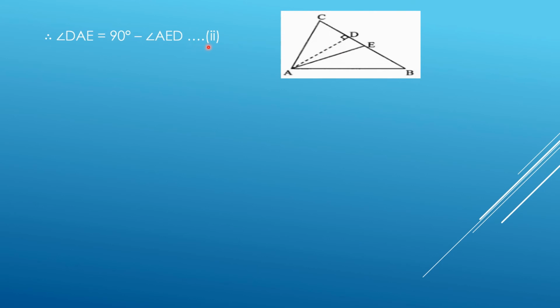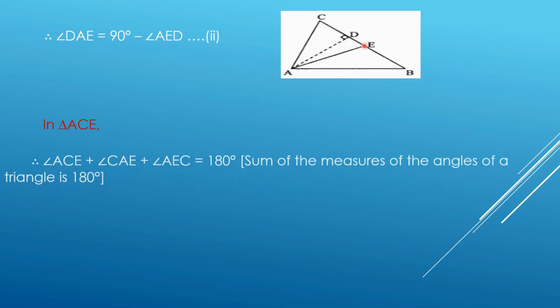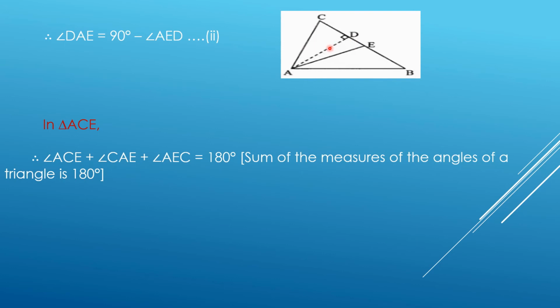And now I am taking the triangle ACE. In triangle ACE, angle ACE plus angle CAE plus angle AEC is equal to 180 degrees. That is, the sum of the measures of the angles of a triangle is 180 degrees. Angle ACE means angle C, plus angle CAE. From equation 1, angle CAE is equal to half into angle A. Angle AEC and angle AED are equal.